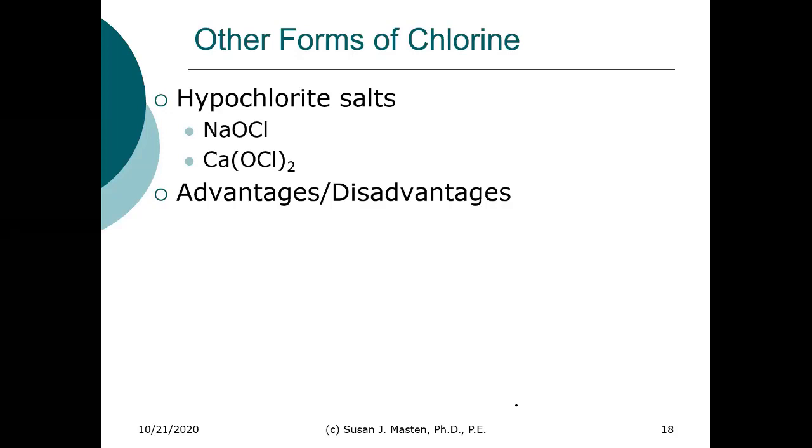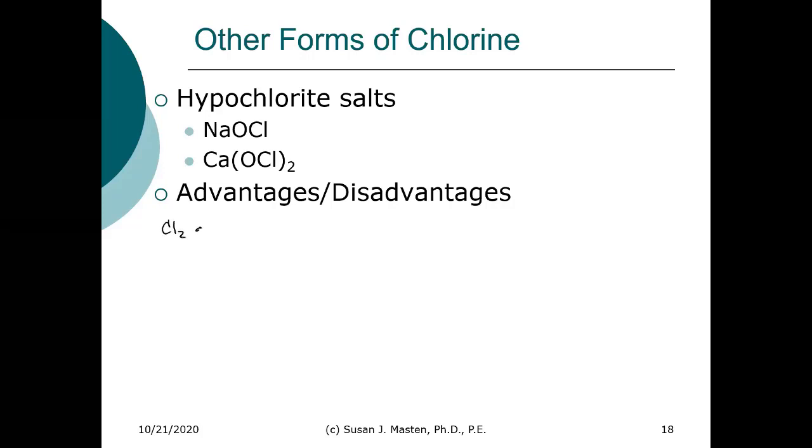So if you purchase bleach, what you're actually purchasing is sodium hypochlorite. Calcium hypochlorite is typically provided as a solid. So for instance, if you have a swimming pool and you purchase chlorine tablets, what you are typically purchasing is calcium hypochlorite.